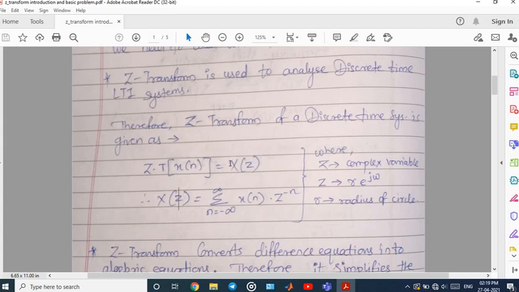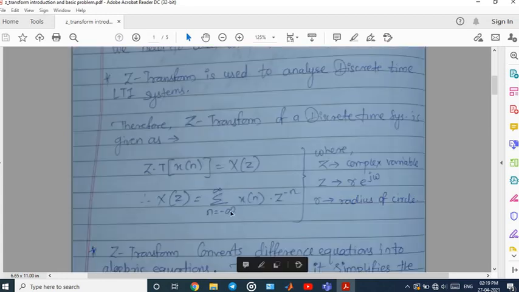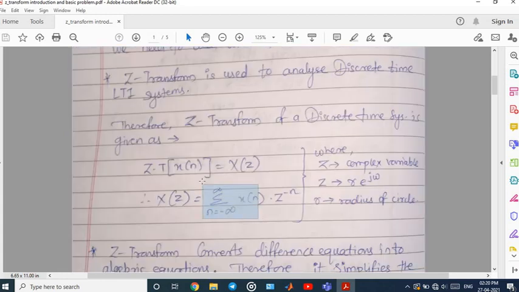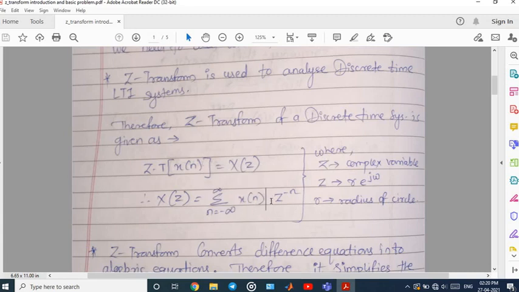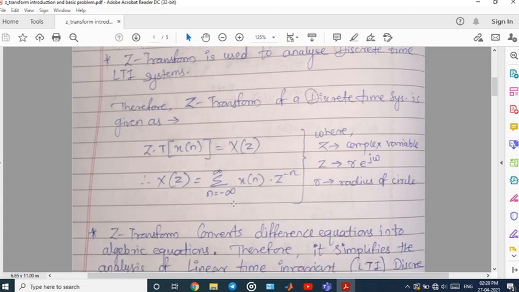So the simplified formula for x of z is x of z equals summation of n equals minus infinity to plus infinity x of n into z to the power minus n. This looks similar to the discrete time Fourier transform. Only the difference is that e to the power minus j omega n is missing. Okay, that is the only thing which is missing.